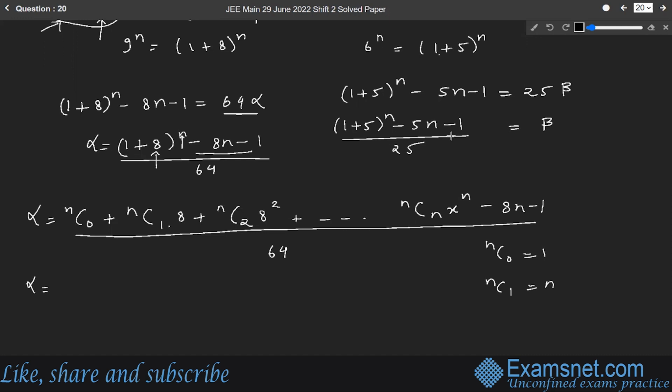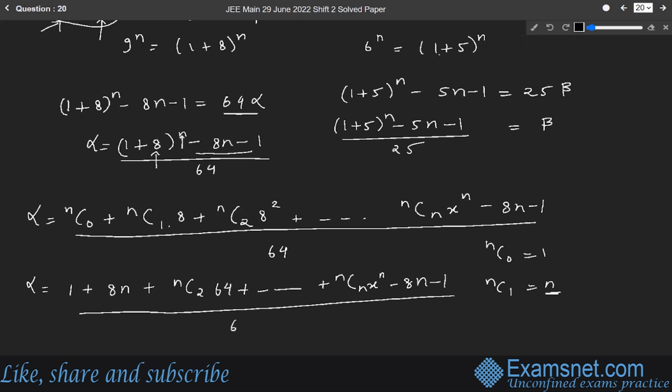Then nC1 into 8. What is the value of nC1? nC1 is always equal to n. So we have 1 plus n into 8, which is 8n, plus nC2 into 8 square. What is 8 square? 64, plus so on up to nCn x^n. And then at last we have minus 8n minus 1 divided by 64, right?